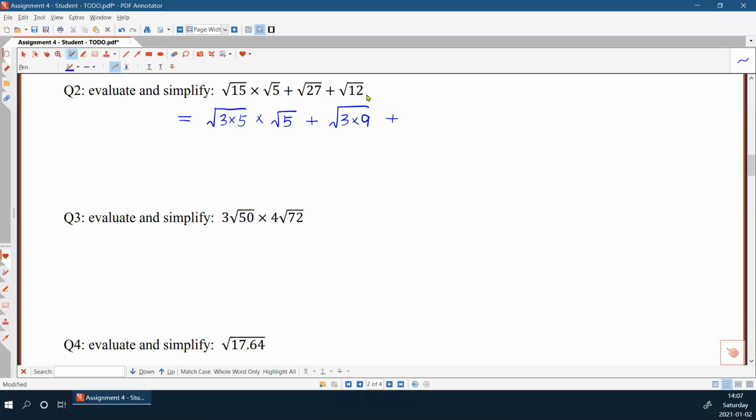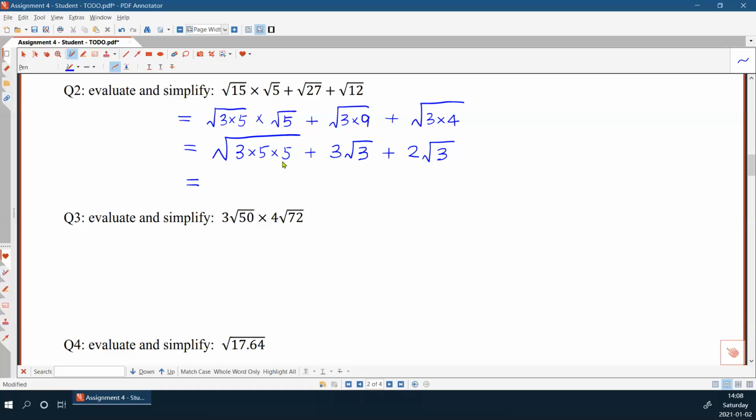Plus 12. 12 can be factored to 3 by 4, and 4 is a perfect square. So next, we can put these together, 3 by 5 by 5. And the second term is, we can put a 3 in front, and number 3 is left within the square root. The third term is 2 times square root of 3.